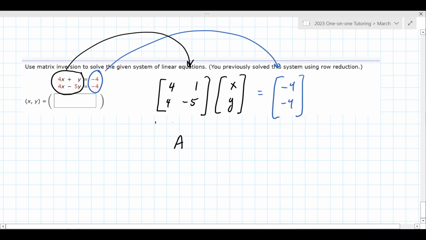So the solution when you use matrix inversion is the following. Consider this matrix A and this B for the moment. Your answer is the inverse of A times B. Now, do you think you're going to have to show the inverse by hand, or can we go to the calculator and do that? I think I might have to show it by hand.